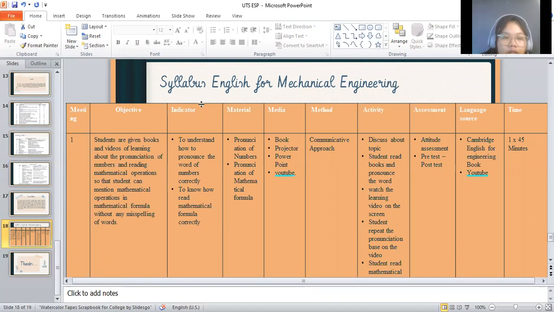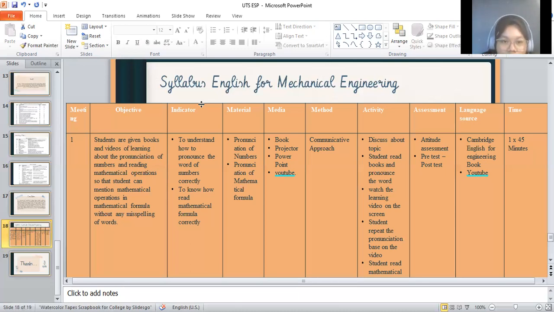The first is about the objective. Students are given books and videos of learning about the pronunciation of numbers and reading mathematical operations so that students can mention mathematical operations in mathematical formulas without any misspelling of words.